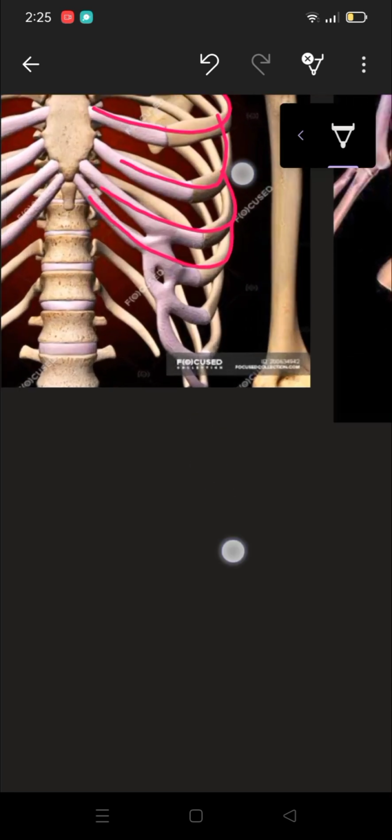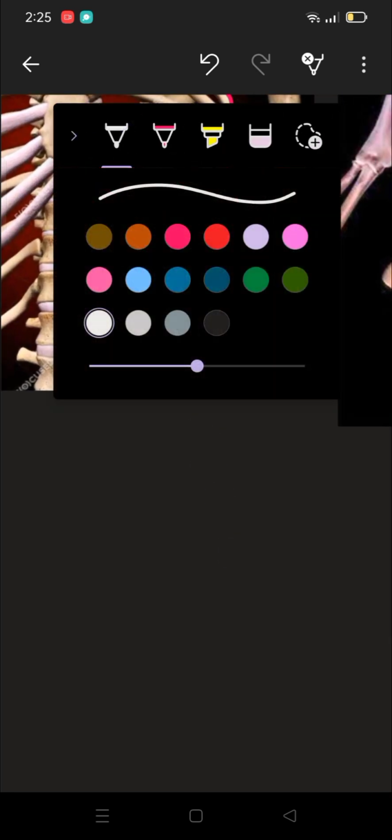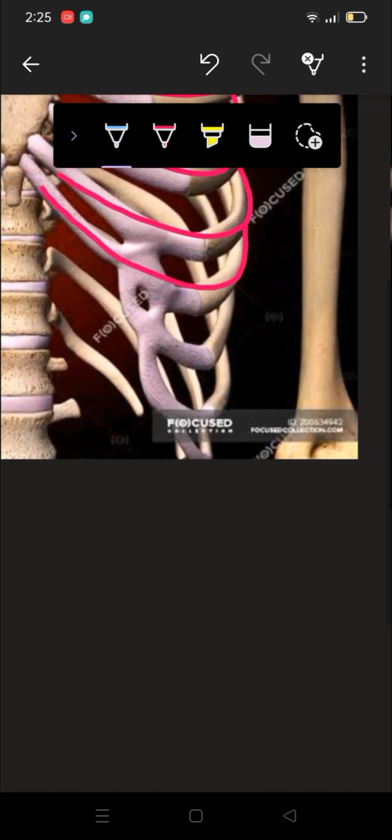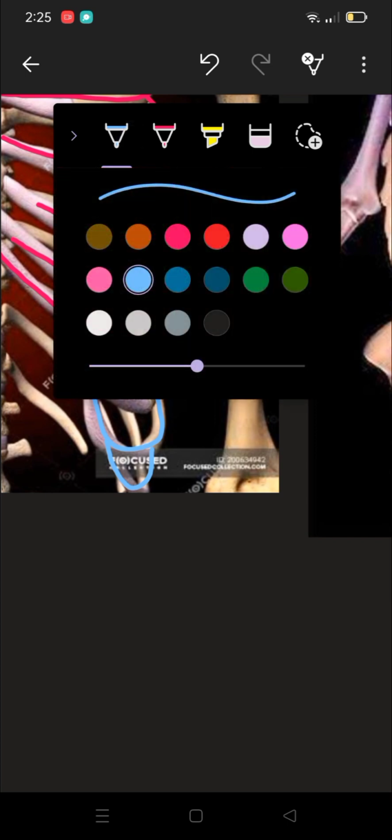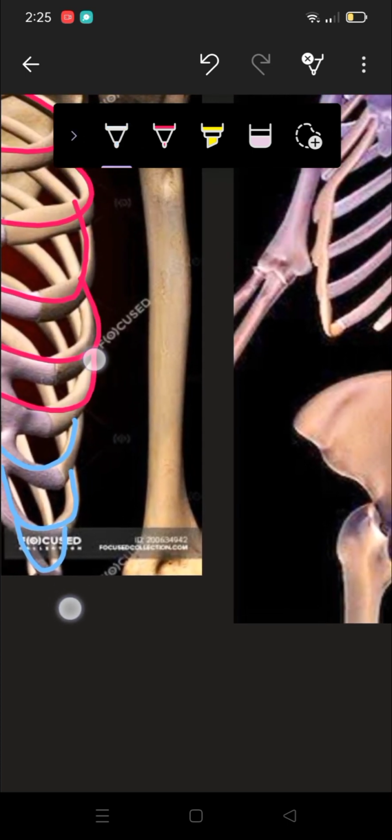Then we have three more pairs. Let me highlight those pairs with another color. As you can see, we have 1, 2 and these three. These three pairs of ribs are what we call the false ribs. Let me write this as well.